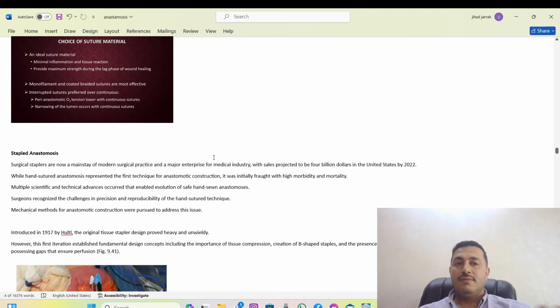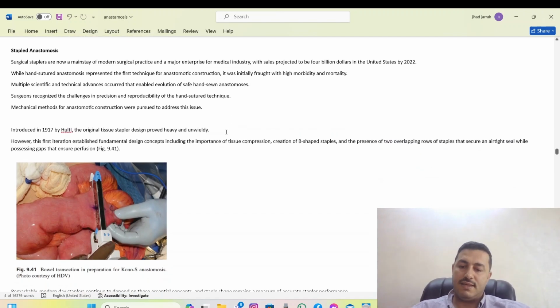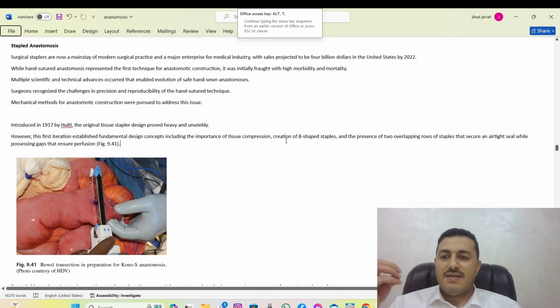Okay, we finished talking about sutured anastomosis. We now move to stapled anastomosis. In this picture you can see what we mean by stapler. It's an instrumental anastomosis.